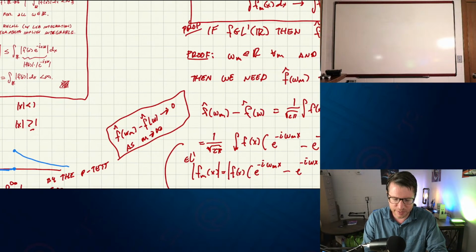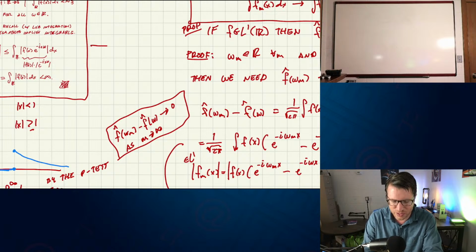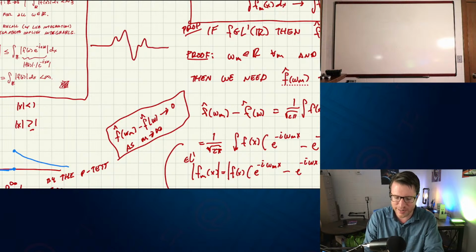Usually what we work with are going to be Gaussians or Schwartz space functions. Schwartz space functions are just functions that decay to zero so fast, or even compactly supported sometimes. So they can be zero outside of some region.